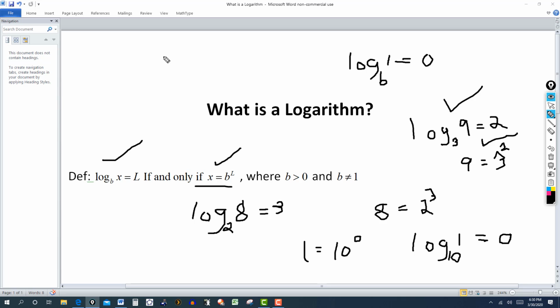The only thing I want to point out here again is that if you have a log of some number, say 7, and it doesn't have a base written, it's always understood to be base 10. Obviously on this particular one, we couldn't do it this way because we don't have an exact answer, so you would have to use a calculator to compute this.